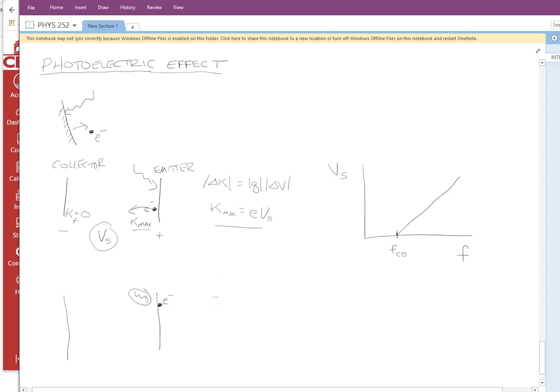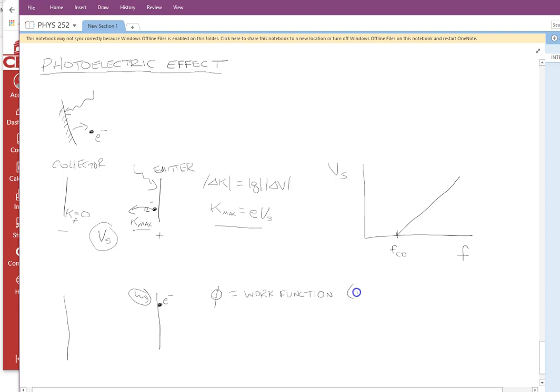Now, it takes a certain amount of energy for that electron to break its bonds. That's what we're going to call the work function. And it's traditional to use a phi for this work function. Even the name work function is an old name.